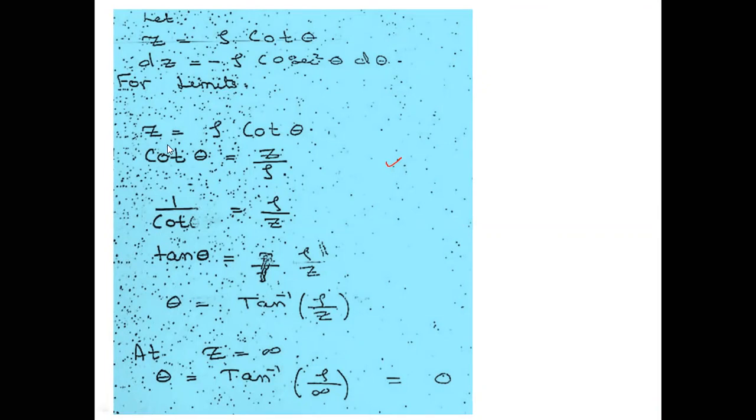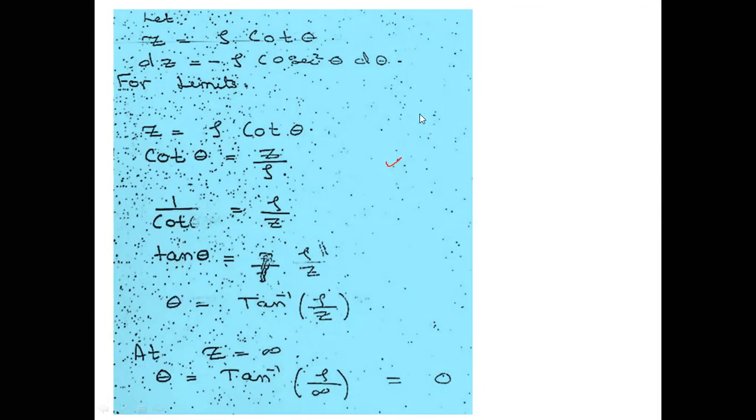So for the limits, z is equal to rho cotangent theta, and cotangent theta is equal to z over rho, dividing both sides by rho. Now taking the reciprocal, 1 over cotangent is equal to tangent theta, which is equal to rho over z. Now we have to find the theta. Theta is equal to tangent inverse rho over z.